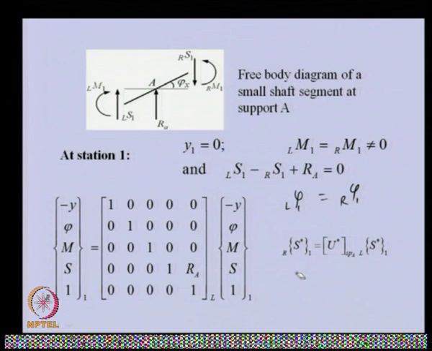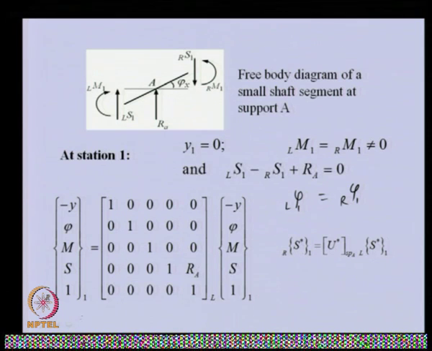As earlier we had the point matrix relating the state vector at either end of the disk, similarly this matrix relates the state vector at either end of the support, left to right.